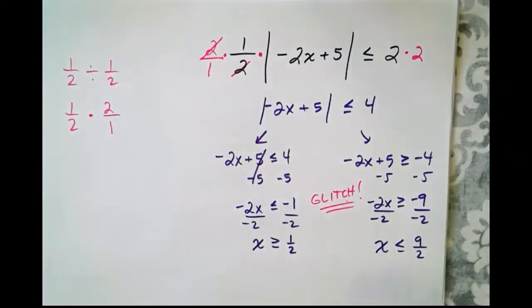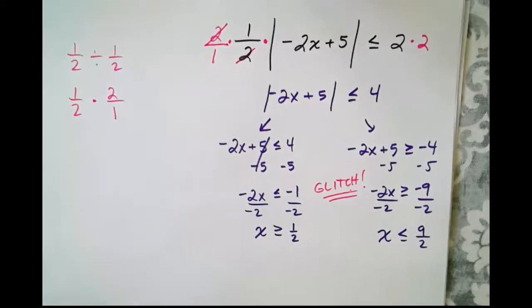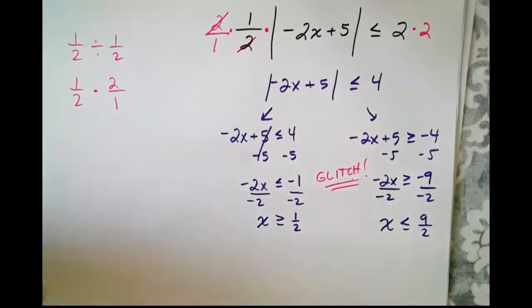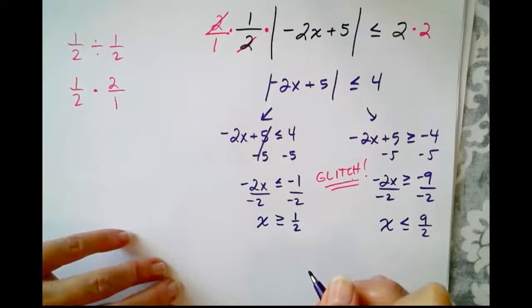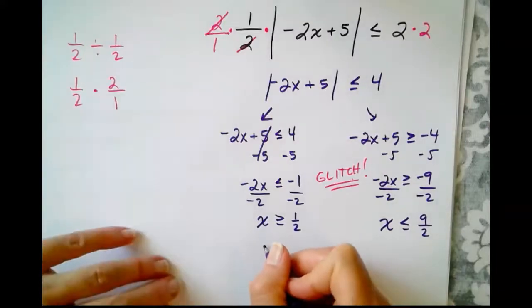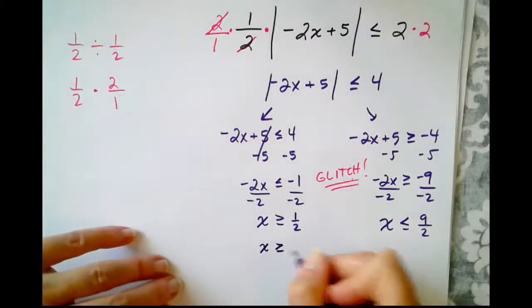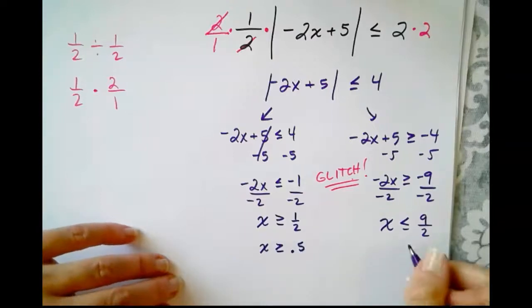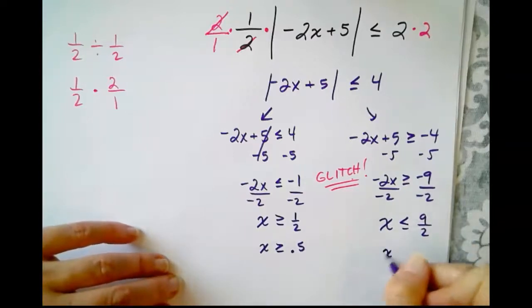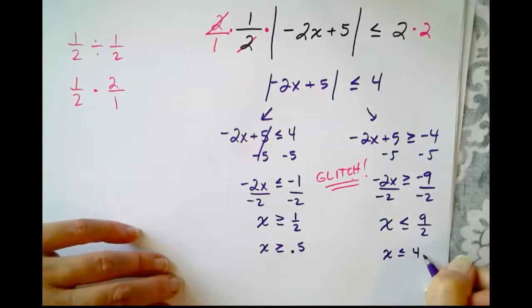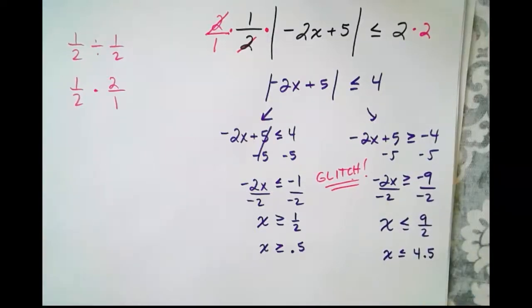And because these are halves, these are very easy to change to a decimal. Normally we don't do much changing to a decimal, but in terms of the number line, if it helps you understand what is where on the number line, then go for it. 1/2 is 0.5. 9 halves, 2 goes into 9, 4 times, and 1 left over, so that is 4.5.